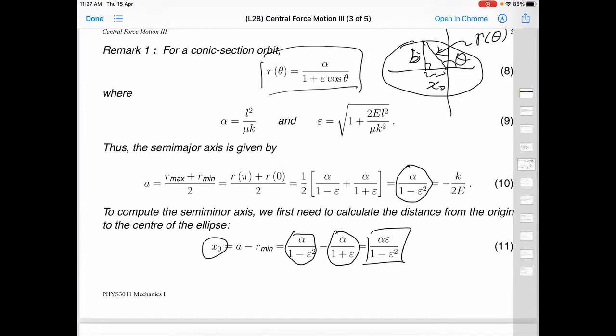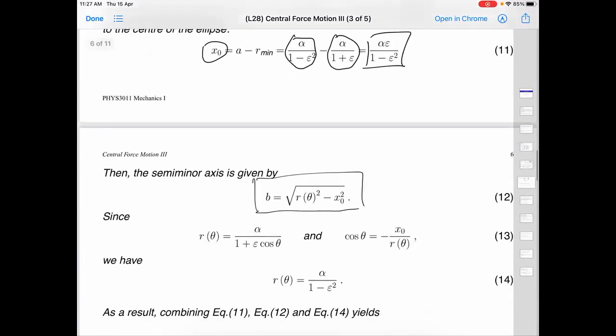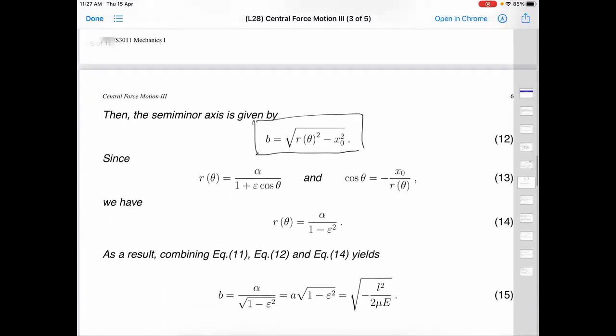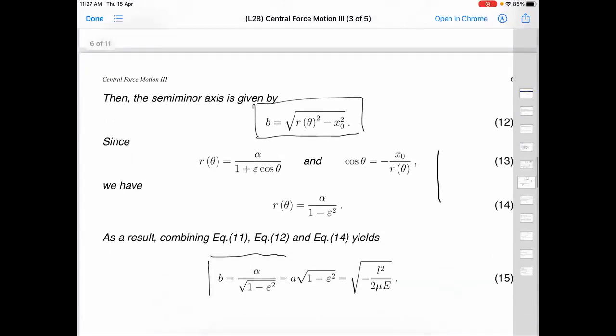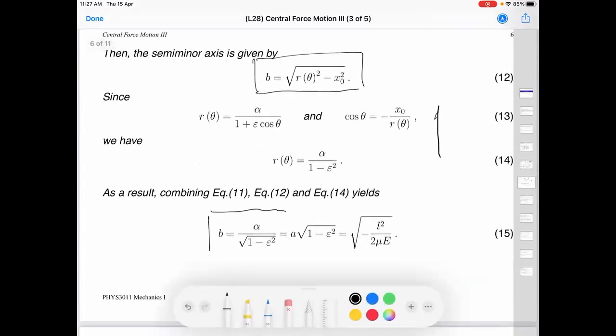Okay. So keep in mind that this is the origin. Our origin is at the focus on the right hand side. Then combining all these together, we have B equal to this alpha divided by the square root of 1 minus epsilon square.